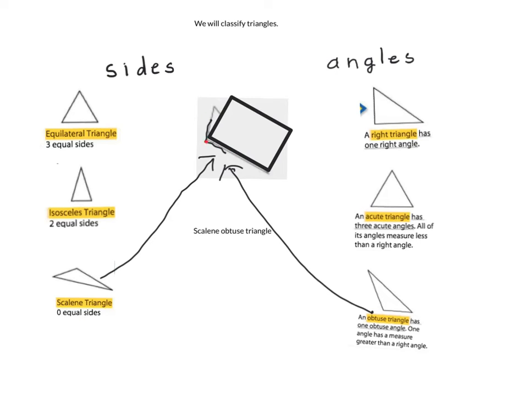So this angle here for this triangle is obtuse. So it's an obtuse triangle. If it was smaller, it'd be an acute. And of course, if it was exactly the same, 90 degrees, it would be a right triangle.